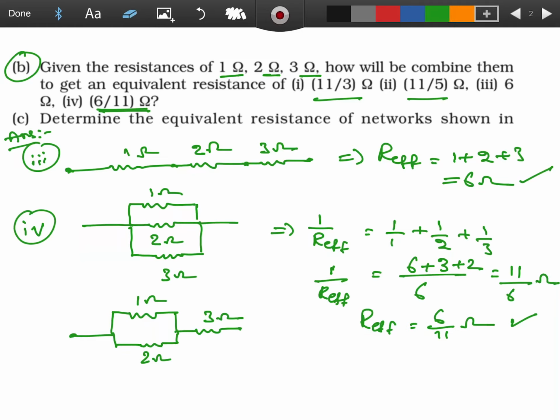When two resistors are in parallel, it is R1 R2 by R1 plus R2. That means 1 into 2 by 1 plus 2, which is 2 by 3.